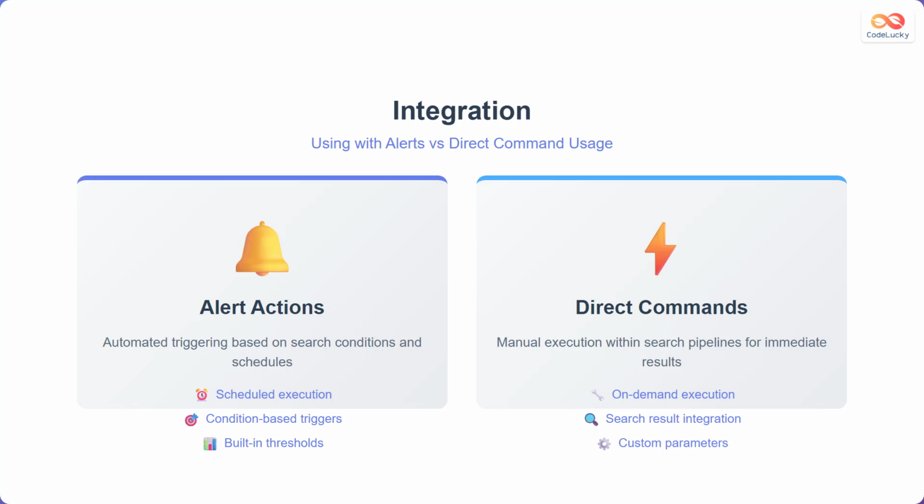Direct commands offer on-demand execution within search pipelines for immediate results, with benefits including manual control, search result integration, and custom parameter flexibility. This approach is perfect for ad hoc reporting and interactive analysis. Choose the method that best fits your use case. Alerts for automation and monitoring, direct commands for immediate, customized email delivery.